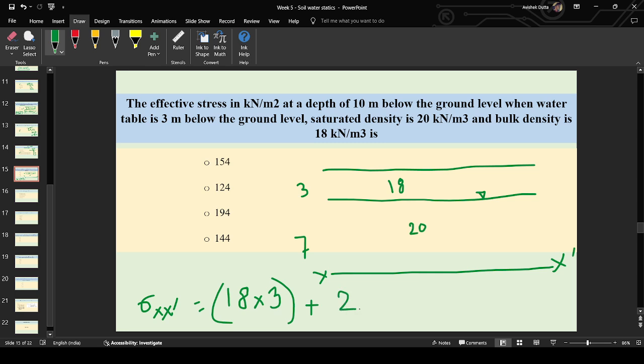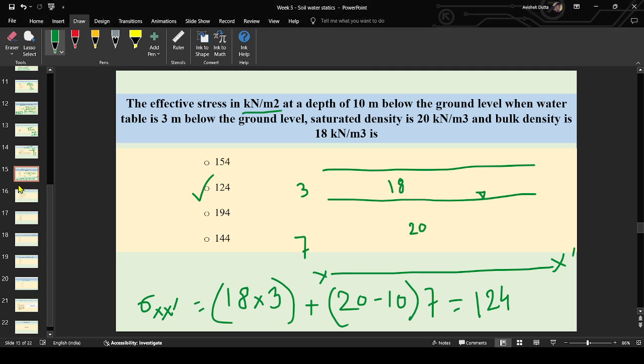So 20, gamma sat minus gamma W, gives us gamma submerged, into the depth, that is 7. So here I have 54 plus 70, we get 124. The unit is kilonewton per meter square. So 124 is the answer. I hope it is clear.